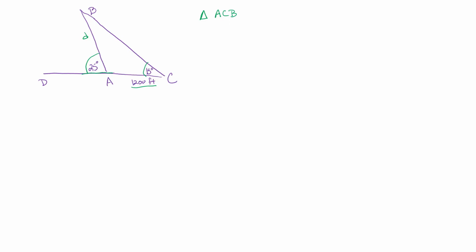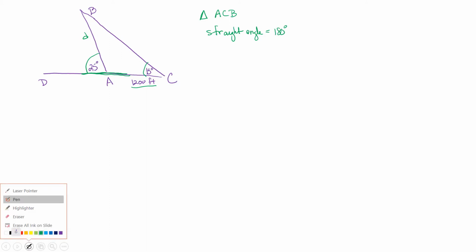This line implies this is 180 degrees because it's also known as a straight angle. And a straight angle, which looks just like a line, measures 180 degrees. So if part of that angle is 25 degrees, then the other side will be 155 degrees.